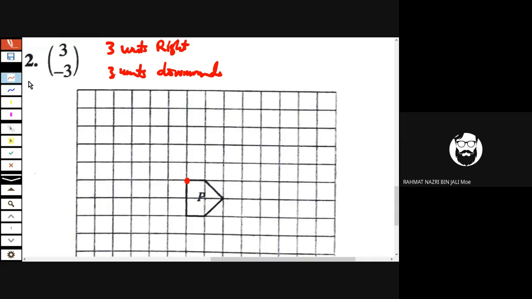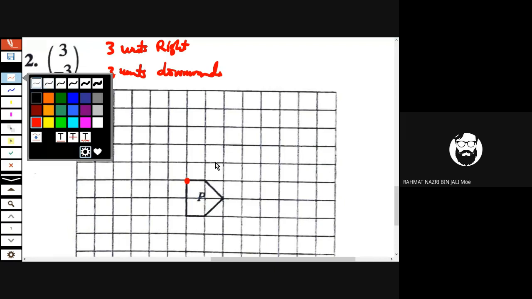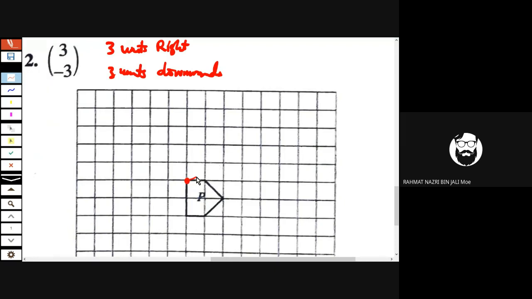Kita gerakkan titik yang pertama. 1, 2, 3. Kemudian ke bawah 3. 1, 2, 3. Saya dapat image of the first point.